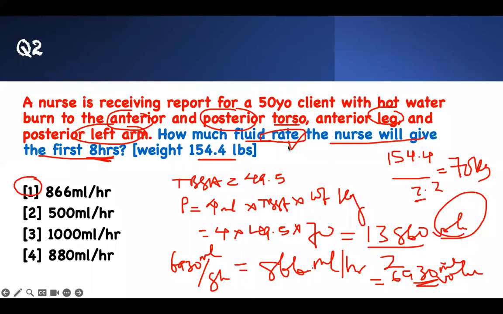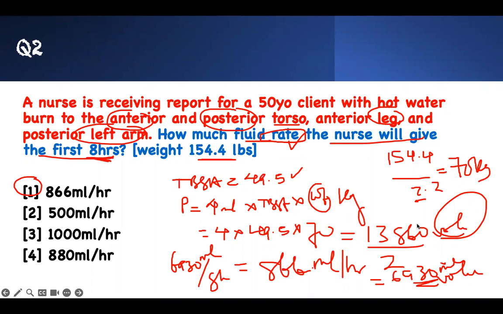That is how you do it. First, calculate the body surface area, which we calculated already. Convert the pounds into kilos, which we did. Then multiply 4 times the body surface area times the weight. You get fluid for 24 hours. It's not the rate, it's just the fluid, 13,860 ml. If you have to give the first 8 hours, you divide it in 2.